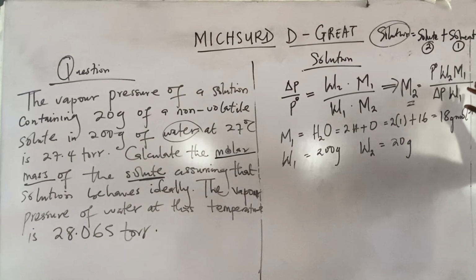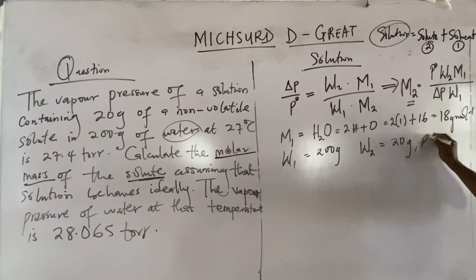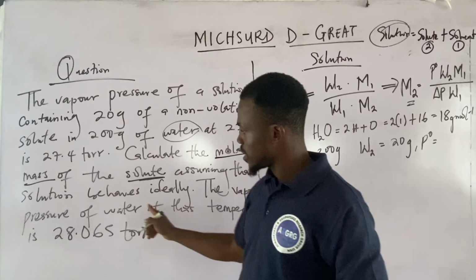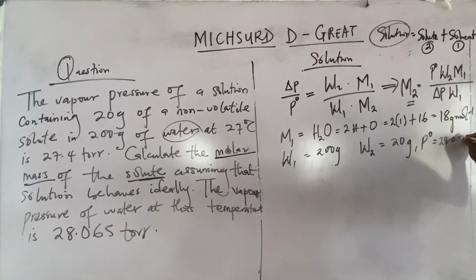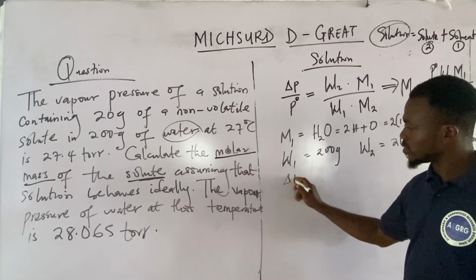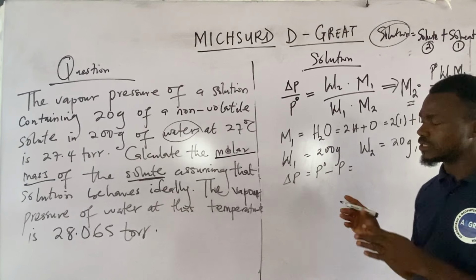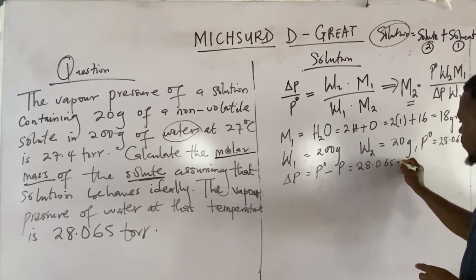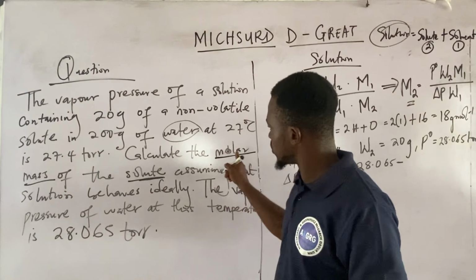Another important parameter is P naught, the vapor pressure of the solvent. The solvent has a vapor pressure of 28.065. We can also find the change in the vapor pressure, which is P naught minus P. If we substitute, we have 28.065 minus the vapor pressure of the solution, which was given.